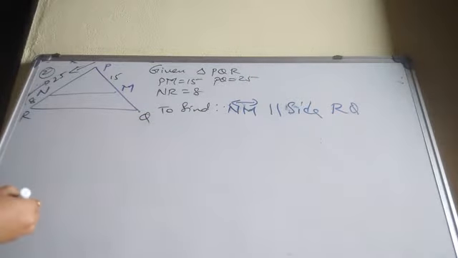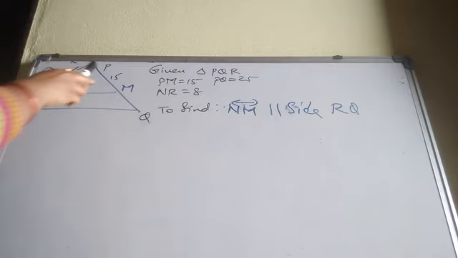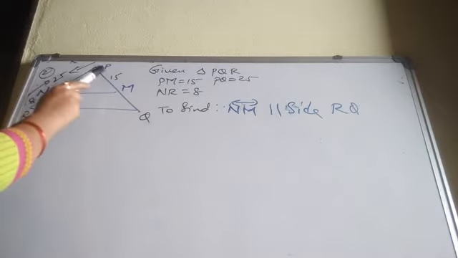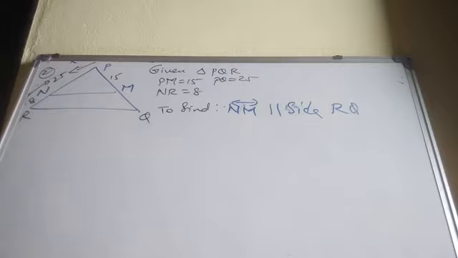Give the reason. Students, I am reading the question: in triangle PQR, PM equal to 15, PQ equal to 25, NR equal to 8. State whether line NM is parallel to RQ. For that we have to use the converse of the basic proportionality theorem.